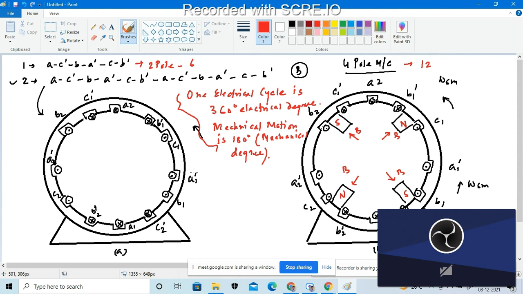So for the four pole machine, if I take the cross section and stretch this particular thing out in a pattern, then we will draw the winding diagram. How will it look?